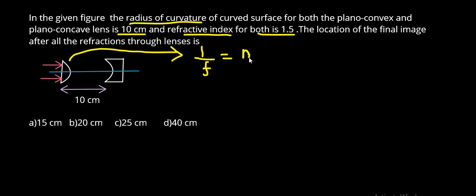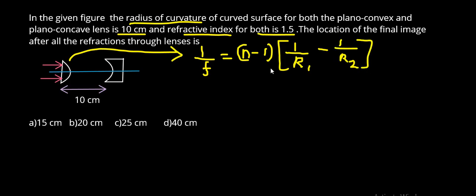First of all, I will write the formula to find the focal length with the help of the radius of curvature: 1/f = (n minus 1)(1/r1 minus 1/r2). So I will substitute these values. So f is equal to, n is 1.5 for both the lenses, 1.5 minus 1, which is 0.5, and 0.5 can also be written as 1 by 2.